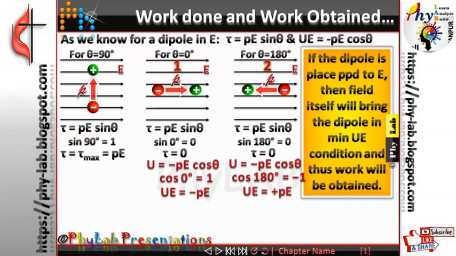And who's applying this torque? The torque has been applied by the electric field, and under the action of this torque, the dipole has a tendency to rotate, and the electric field will rotate the dipole and try to bring it back to the condition of stable equilibrium.